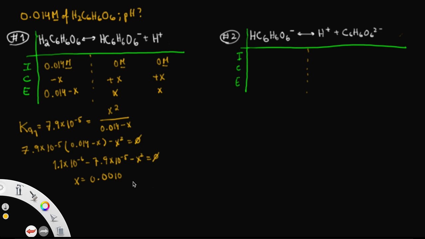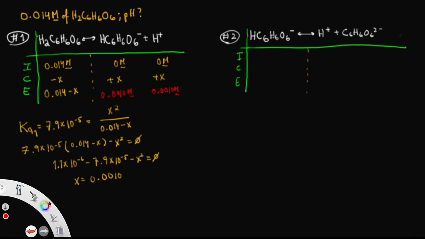So we get an x value of 0.0010, meaning we know that our concentration of HC6H6O6 minus will be approximately 0.0010. So I guess I could erase this and type in those new numbers. So 0.0010 for my molarity here. Same thing over here.